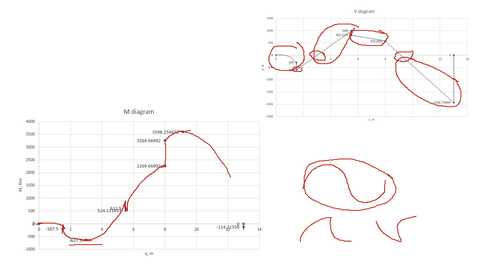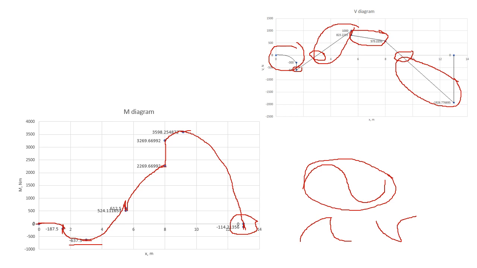So the shape would be like this. Then finally, negative 114.21356, we have a clockwise movement at point E. So our final value would be 0. And that's what will tell you na you have done the right job if your moment diagram goes to 0. Okay?